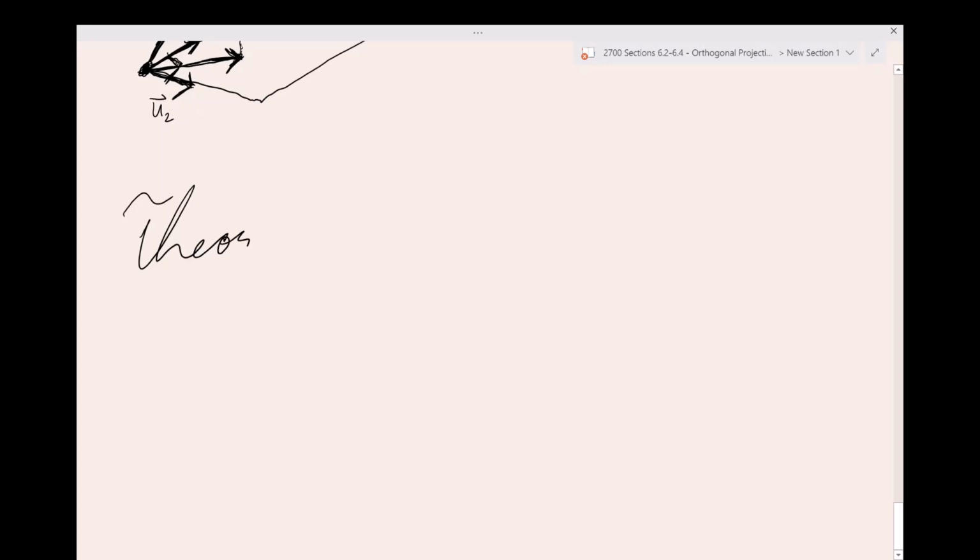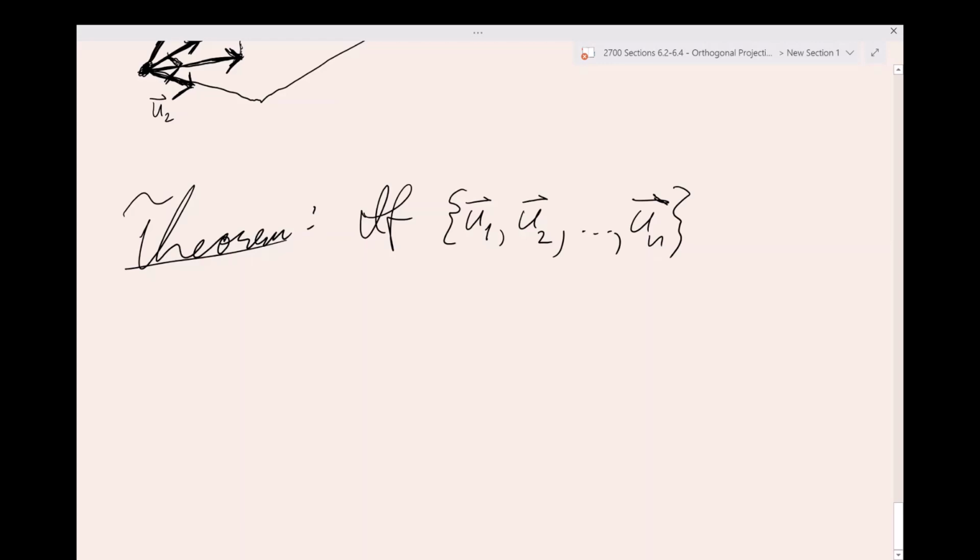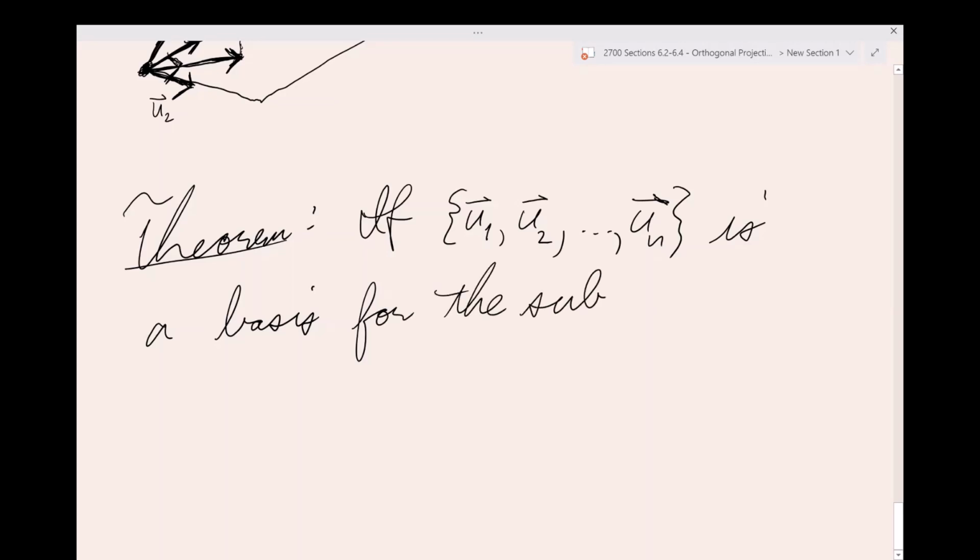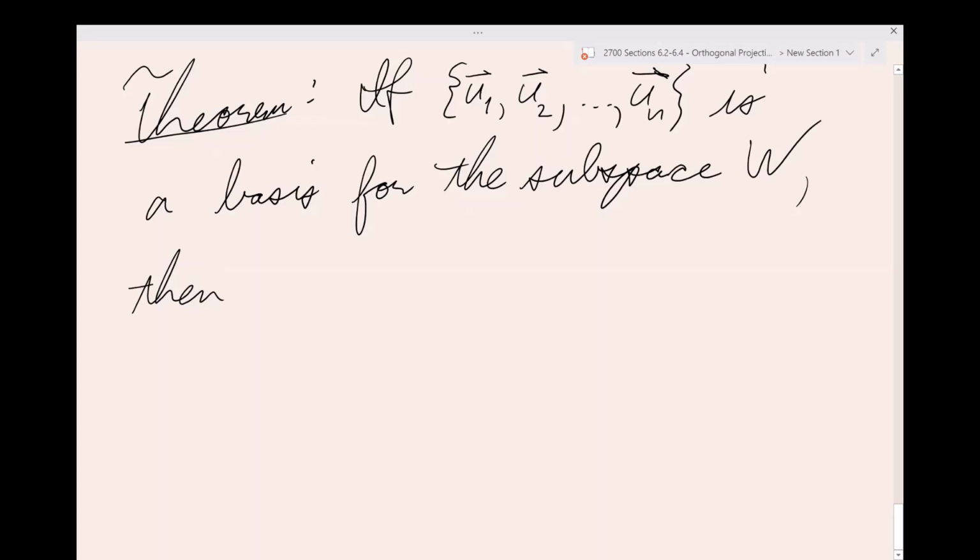So let's say theorem, if we have some orthogonal basis, so let's say u1, u2, up to un, is a basis for the subspace, let's call it W, then I actually can talk about the projection of a vector onto a subspace, just like I was doodling there.